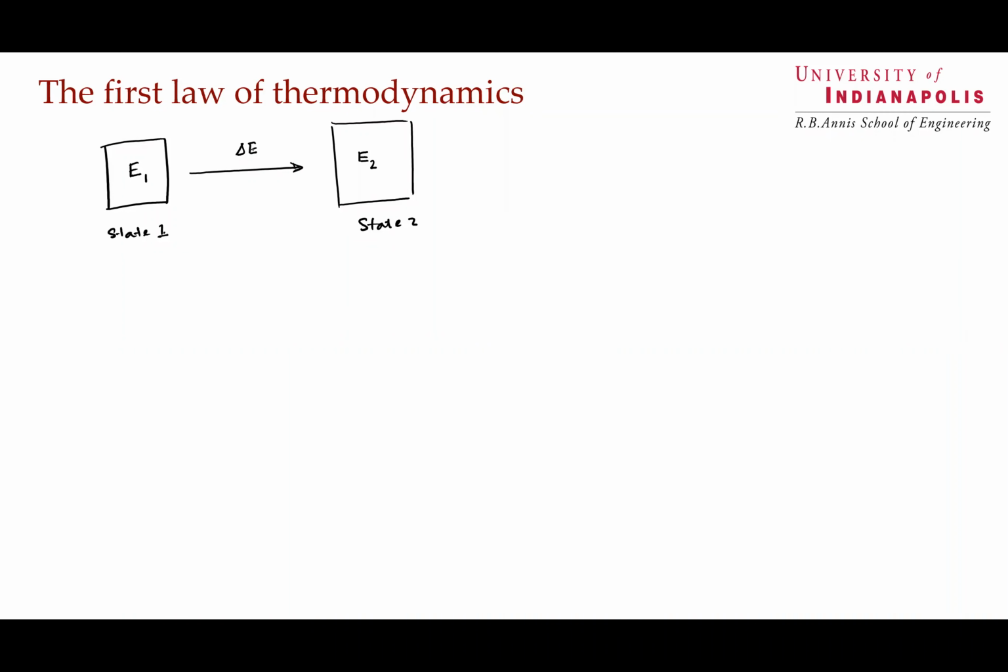So the energy of a system at a particular state consists of three different energies. U1, that is internal energy. And then we have KE1, that is kinetic energy.